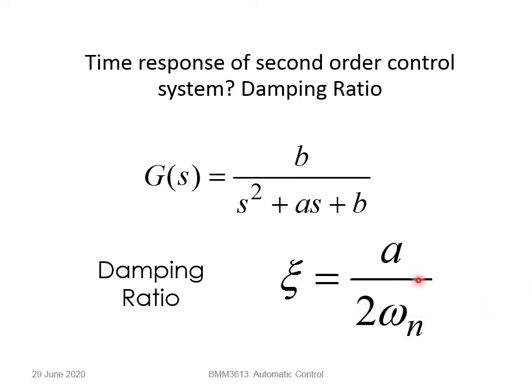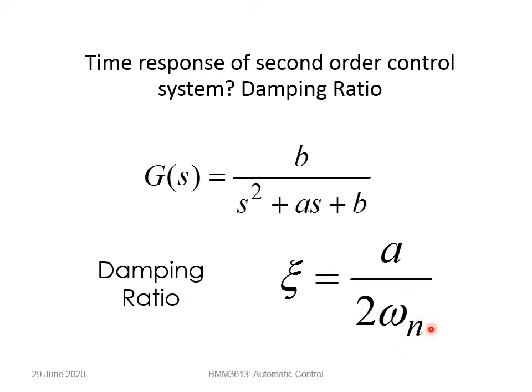So the frequency in the damping ratio is quantified by 2 omega n, right? So the damping ratio is a of our transfer function divided by 2 omega n.